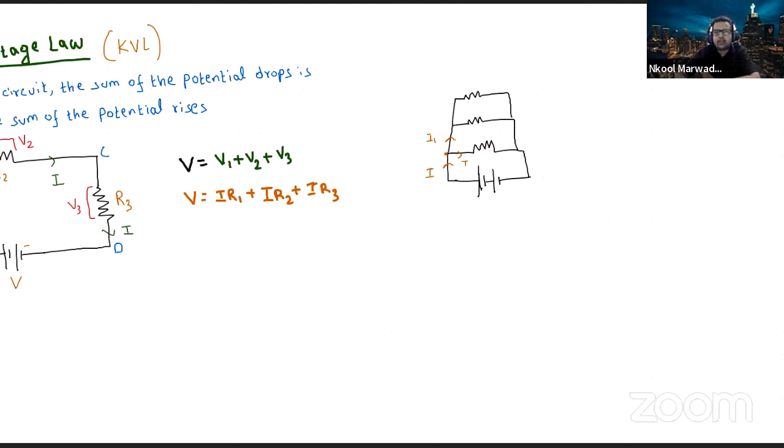And once again, at this node, some electrons will flow here, I will say I3 current, and here I4 current. So this is how the current changes. The current breaks the flow of electrons. It has two options. Some electrons will follow one path, some will follow another path. So current will get distributed in this scenario.